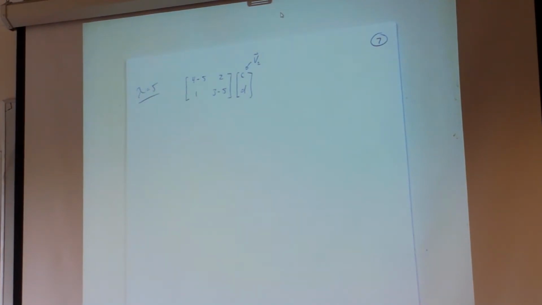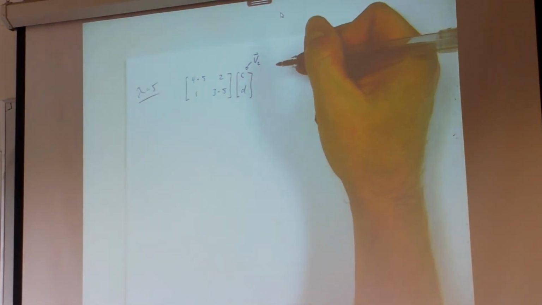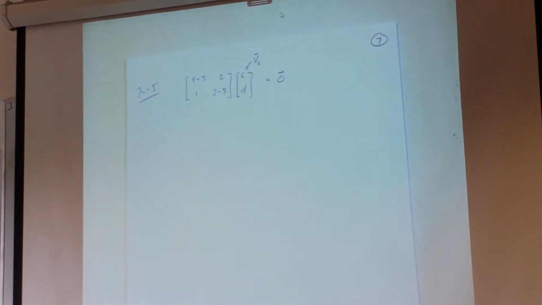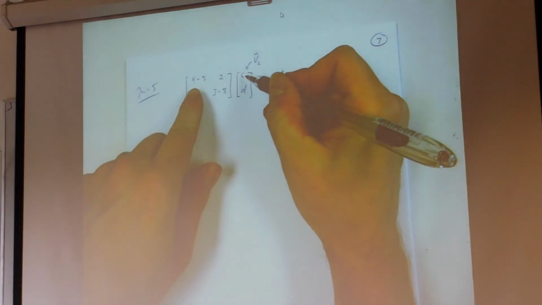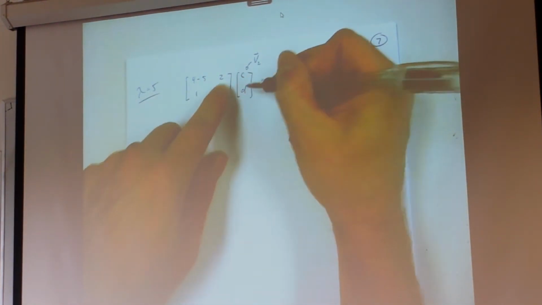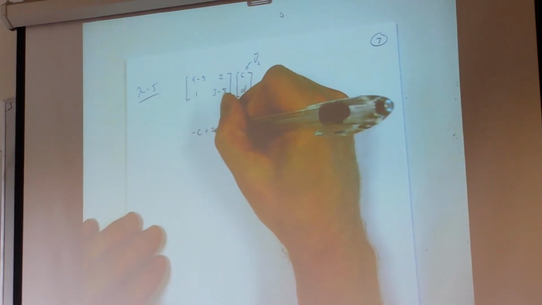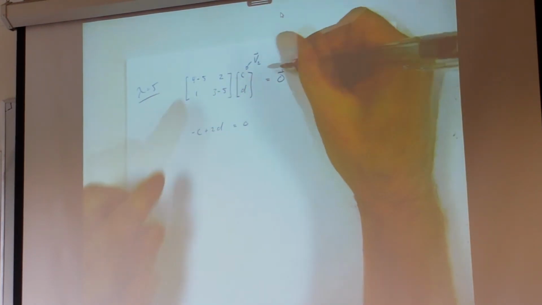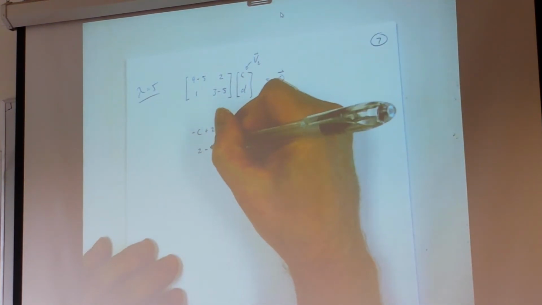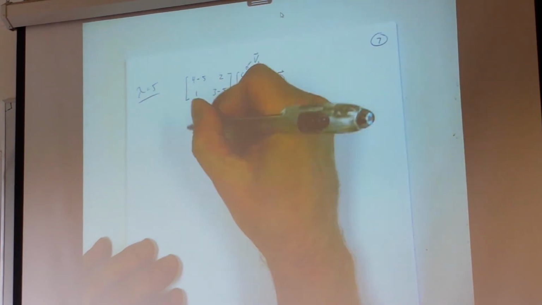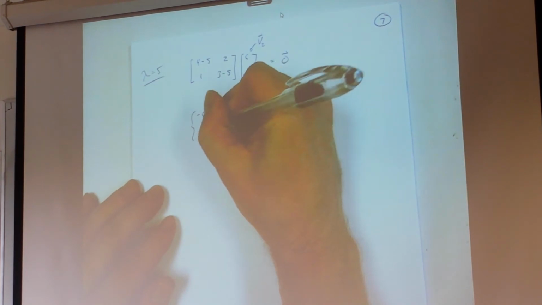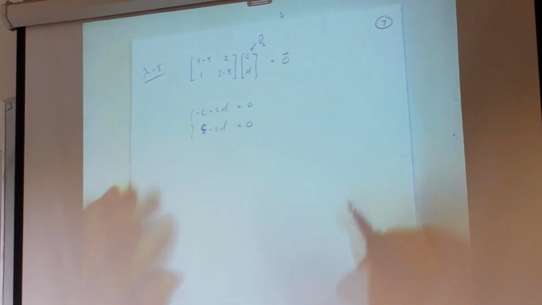All right. So what equation does this give me? 4 minus 5 is negative 1. That would be negative C plus 2D equals 0, and C minus 2D equals 0.